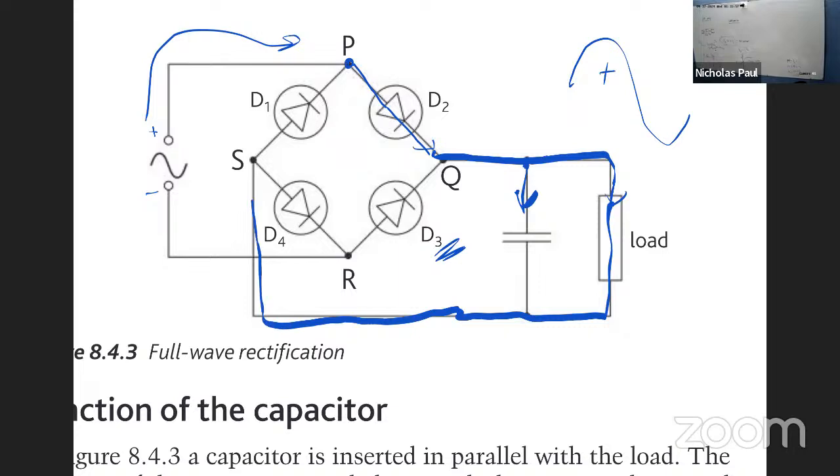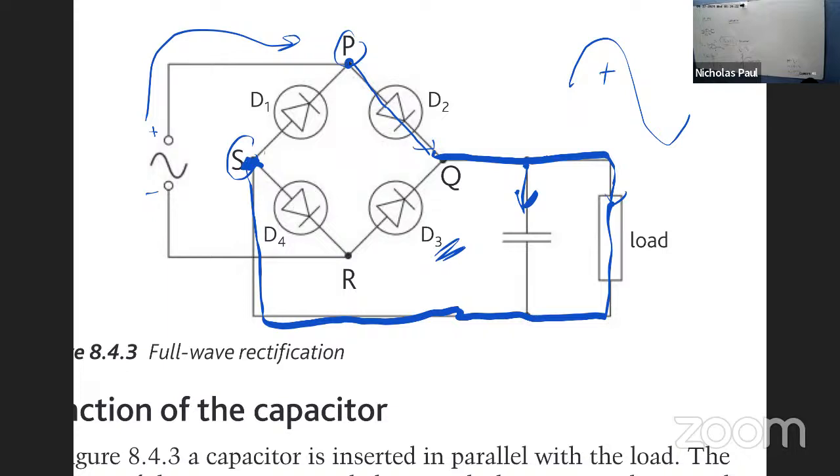When it reaches here now, it will not go to D1. Anybody remember the explanation why? Because the potential from S to P is from low to high. Right? S is lower than P, and P is higher than S. Current flows from high to low potential.